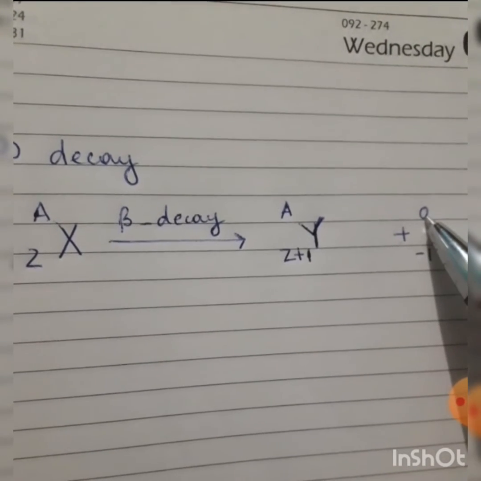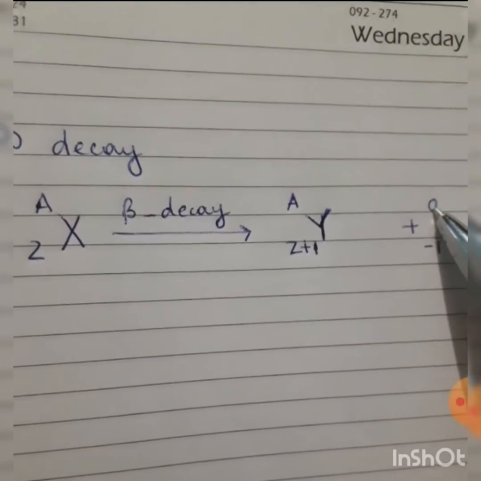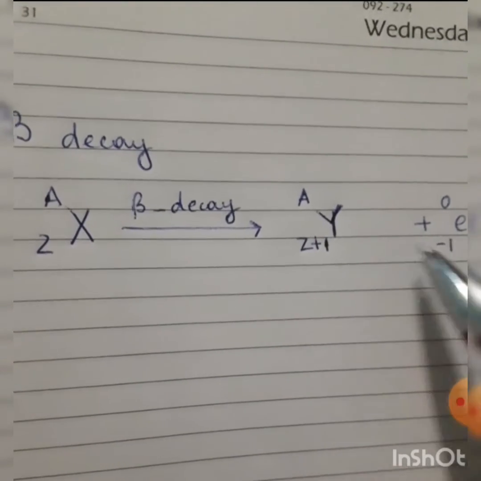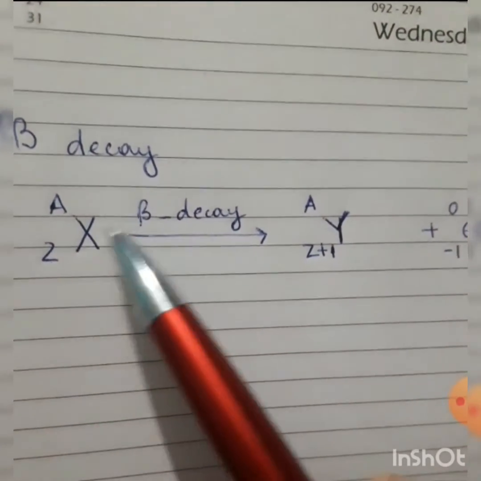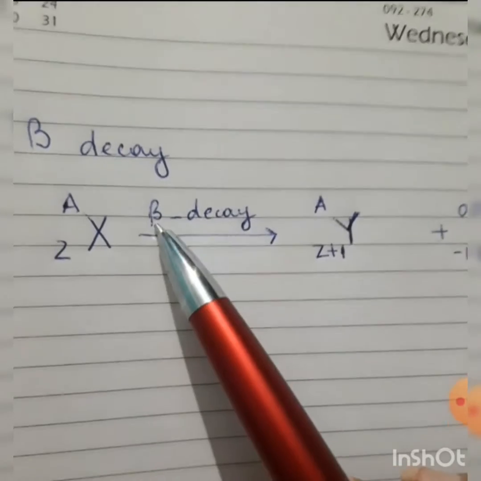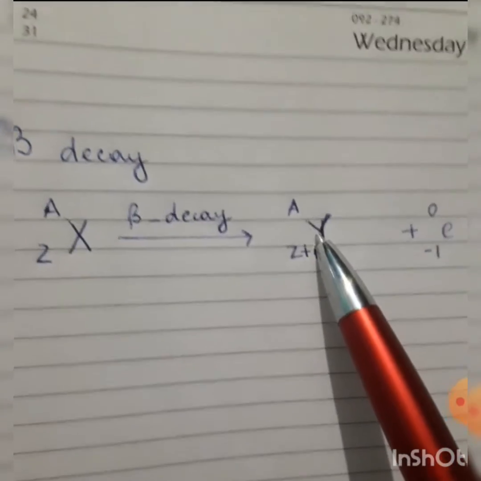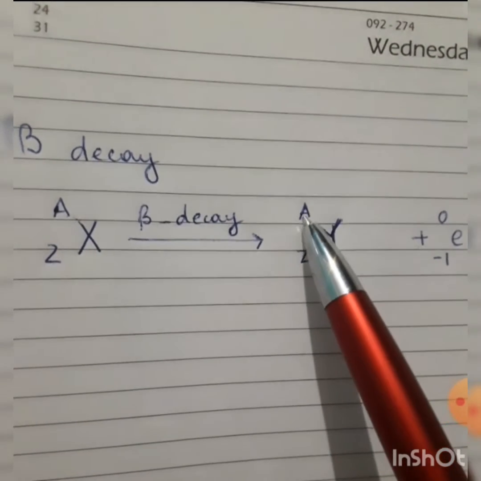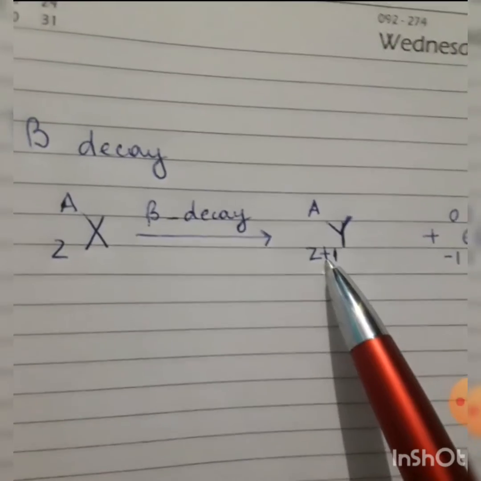The electron has mass number 0 and charge -1. The element, after undergoing beta decay, changes to a new element Y having mass number A and atomic number Z plus 1.